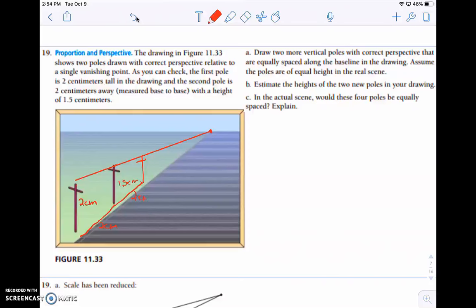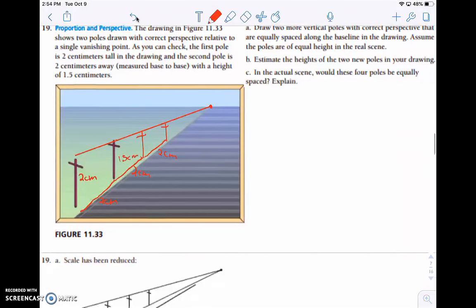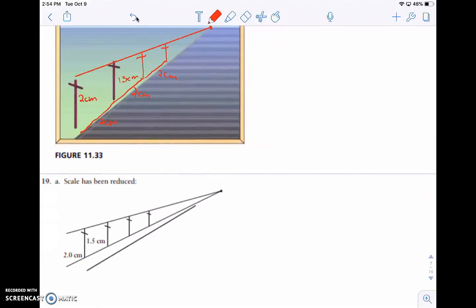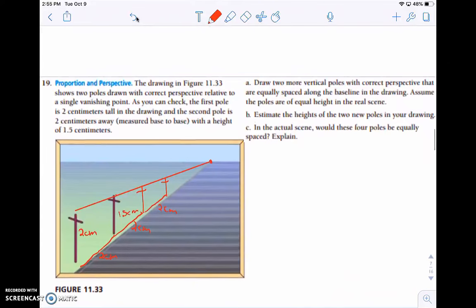So this would be 2 centimeters here, because the drawing is asking you to draw them 2 centimeters apart. You'd get something like this. And if you want a better representation, there it is right there. It's generated by a computer, but that's the basic idea of where you'd get that.